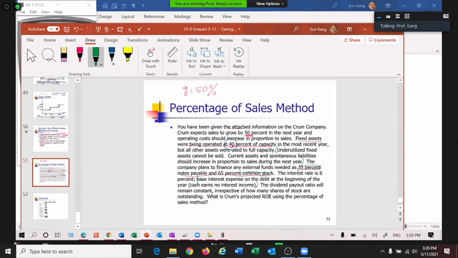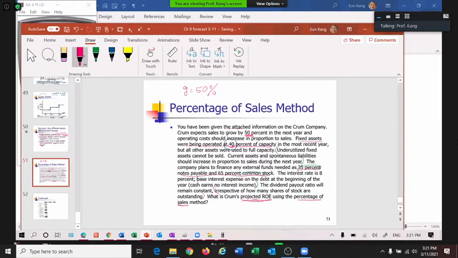The dividend payout ratio will remain constant irrespective of how many shares of stock are outstanding. This can also just be erased. What is Crum's projected ROE using the percentage of sales method?